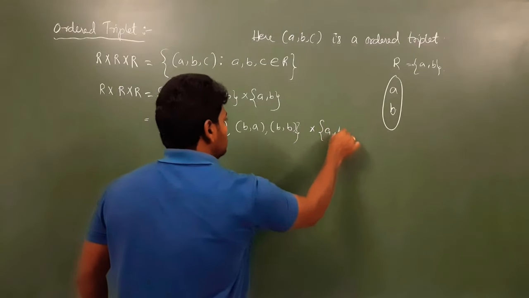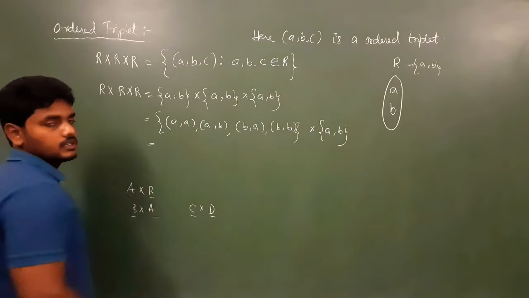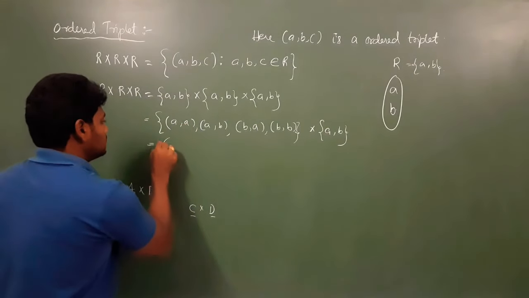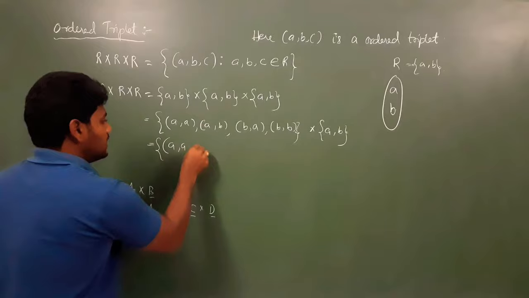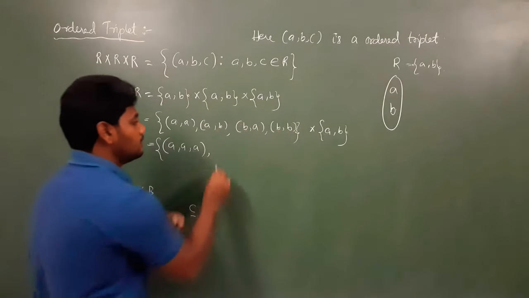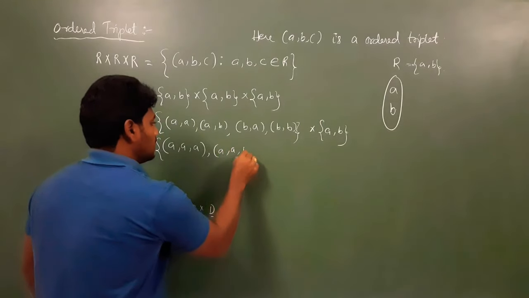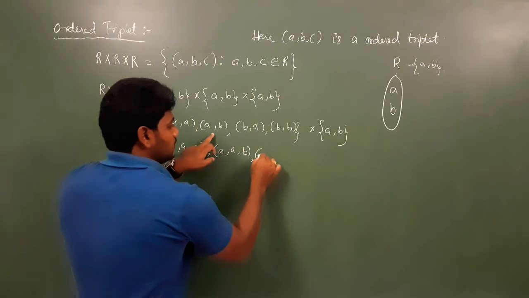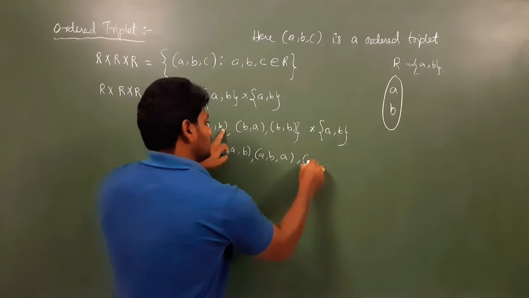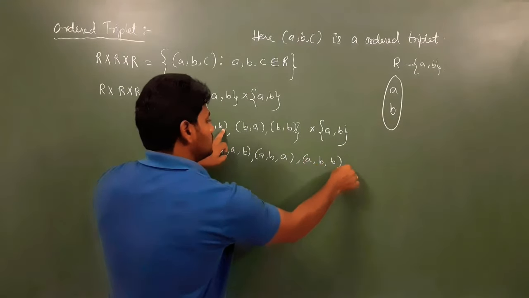Now cross these with the third set, {A, B}. Same way: first element, second element, and now the third. So this is (A, A, A), next (A, A, B). Next with (A, B): (A, B, A), next (A, B, B).